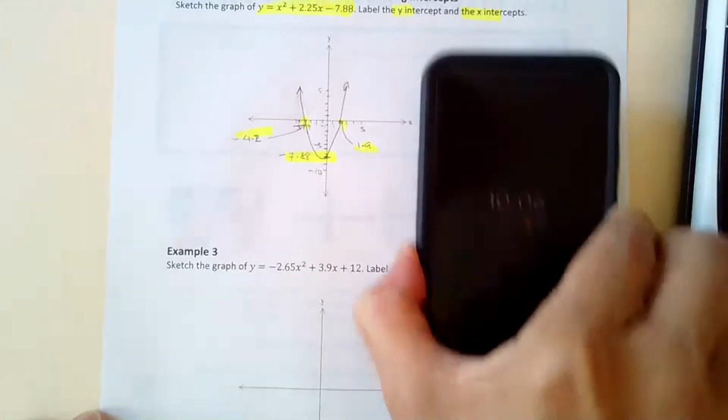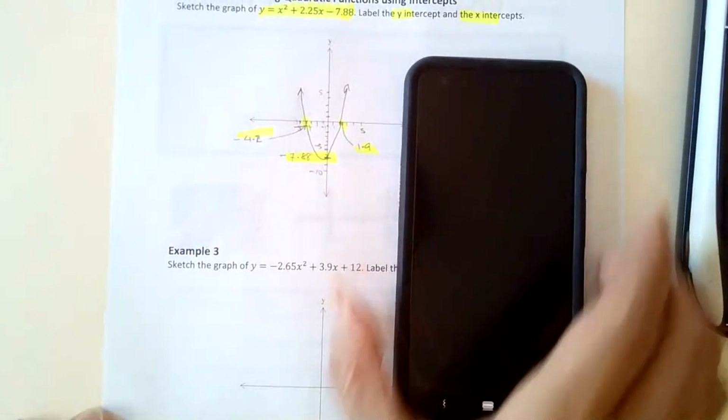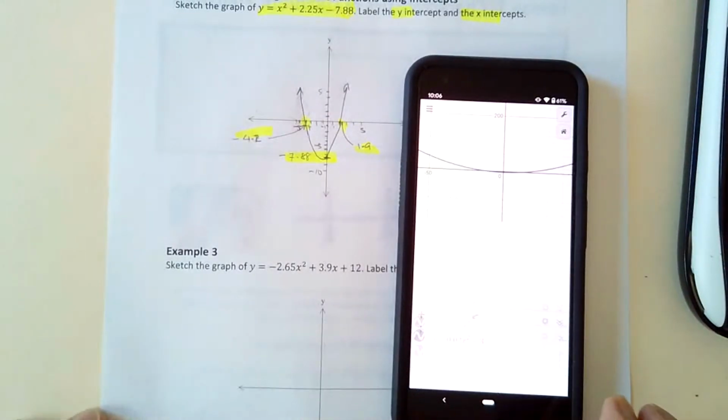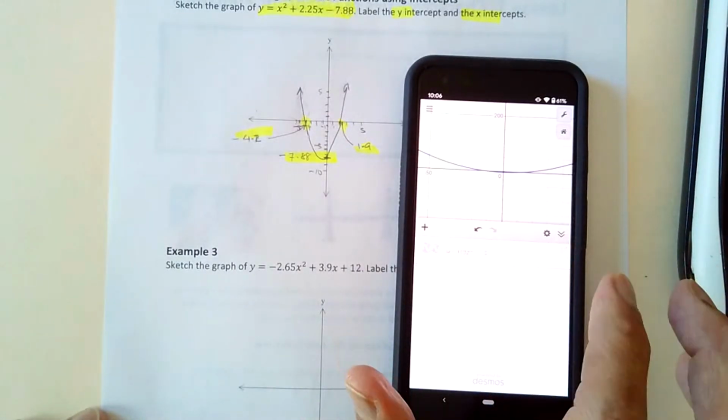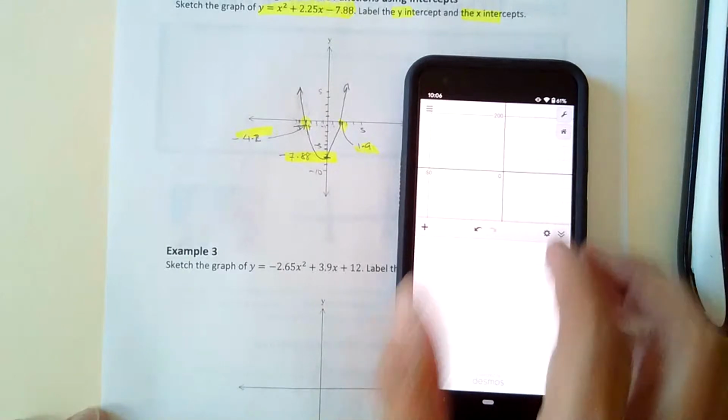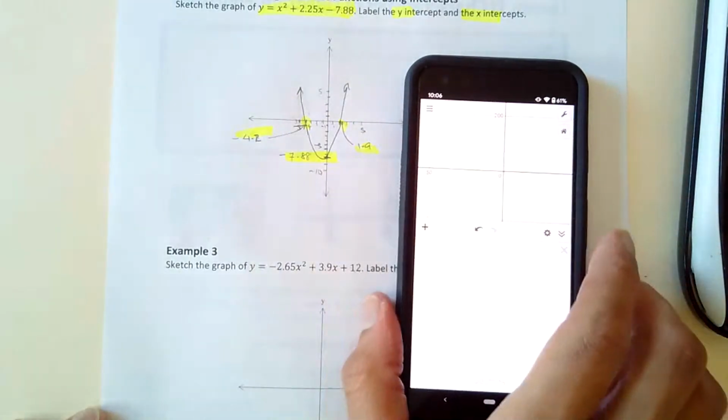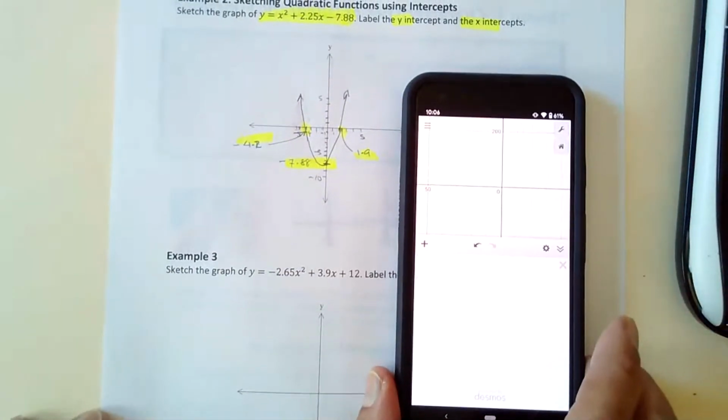Let me go back to this one here using Desmos. Now, for those of you who are using the Desmos app, go back, I'm going to change that. And I am going to enter this equation.